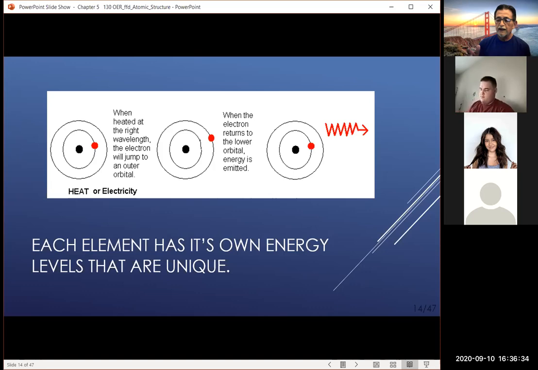But it happens so fast, it looks like it's continuous. If you have an electric stove, you turn it on, electricity runs through the coils, it excites the molecules, and it's going to come back to the ground state. In that case, it gives off this energy as heat, and you're able to cook something. Okay? So it's either going to give off energy that again is light and or heat.